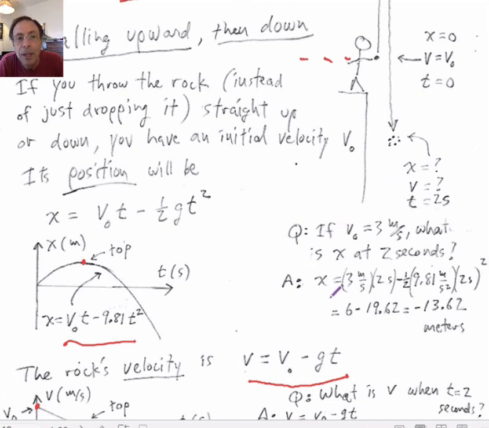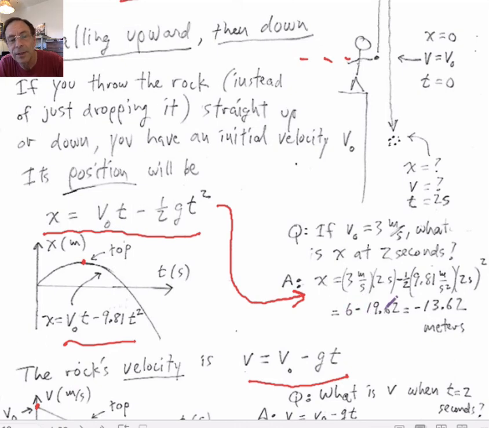So I'm using this formula here, right? V0, we said, is 3 meters per second, and the time is 2 seconds. And then I have minus 1/2 g, which is 9.81 times 2 seconds squared.